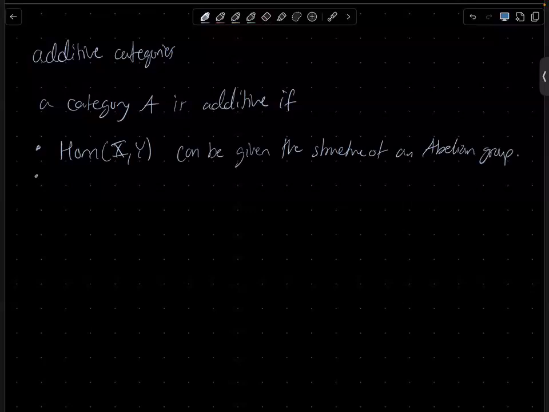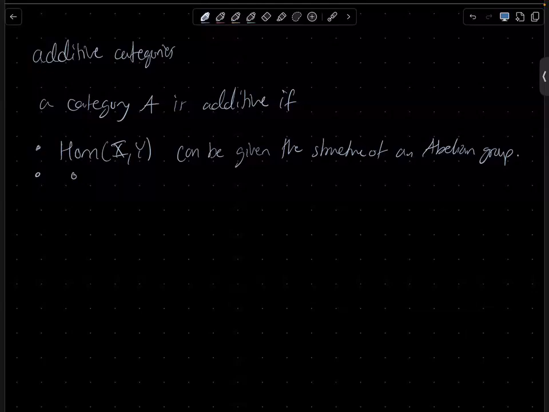What do we call this? An Ab-enriched category? I don't know. Whatever. Yes, that's what you call it. Awesome. And moreover, we can compose morphisms, right? And we want the composition to be bilinear across this abelian group structure.